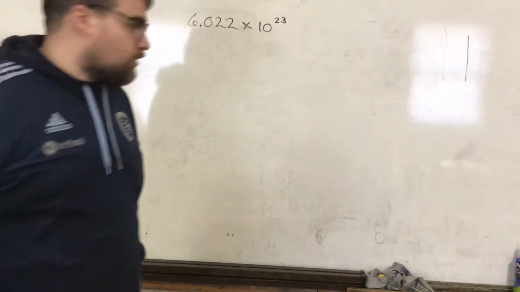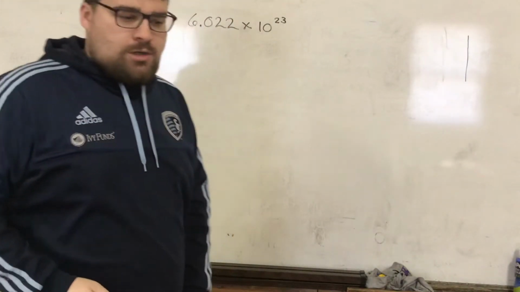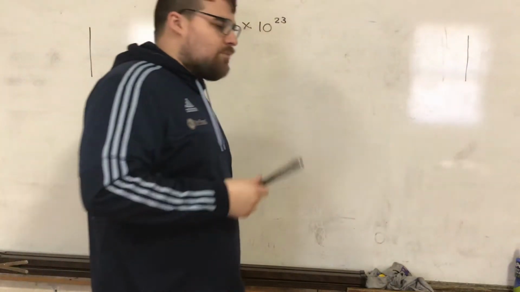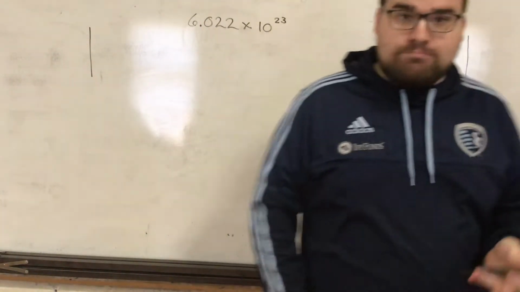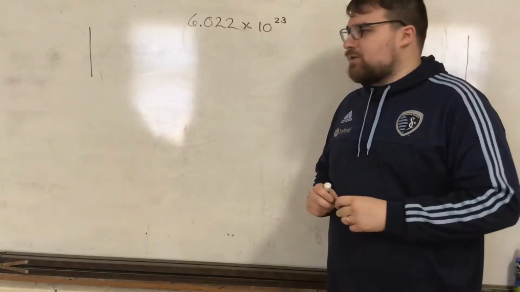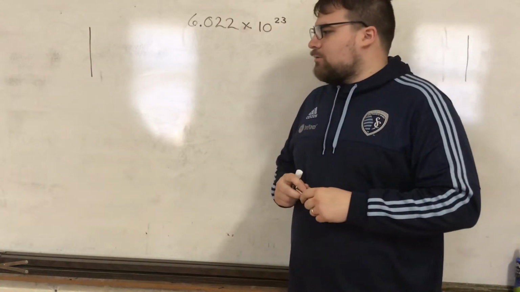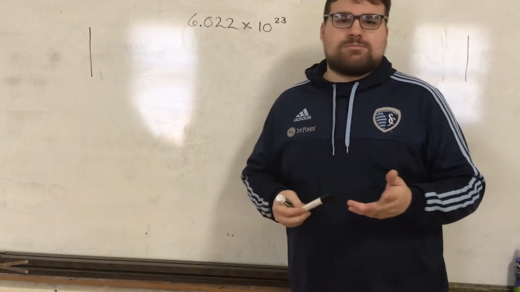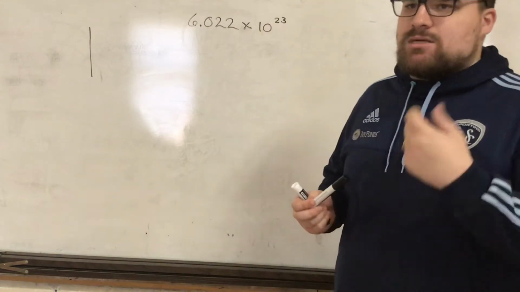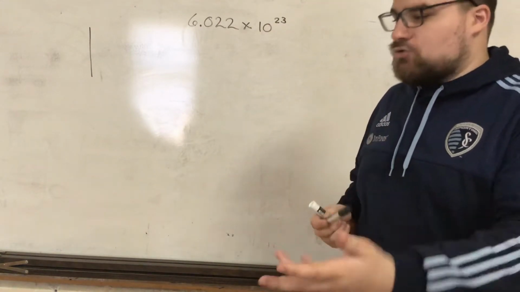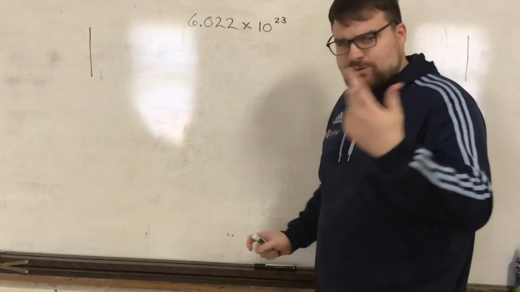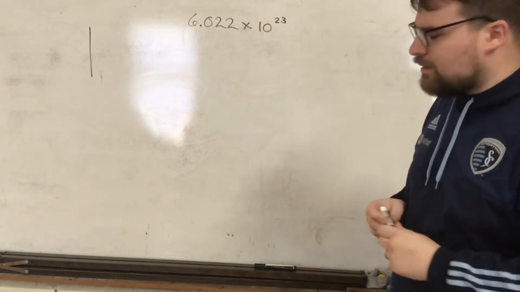Absolutely huge number, right? Massive. But that is the number of atoms that are in a mole. That's the number that you got to get together to make the atomic mass of an element be the mass of that element in grams. Kind of a weird thing to say, but that's what it is.